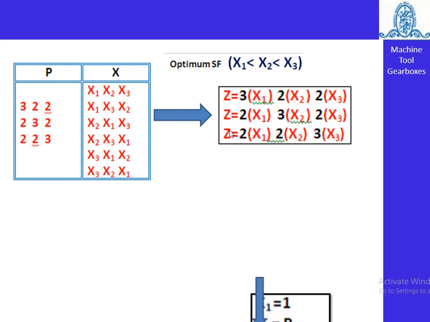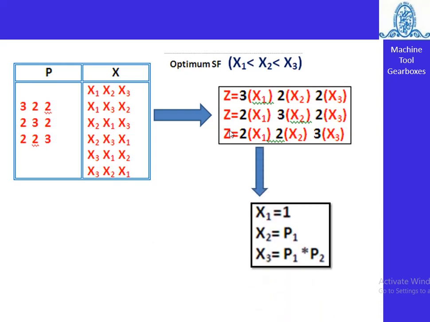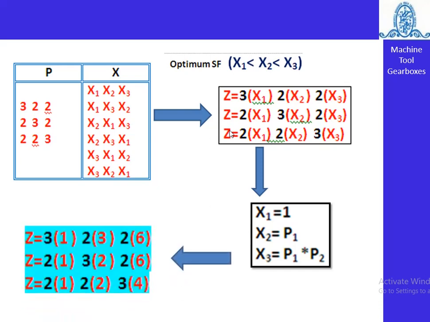So one by one we'll see that here x1 is 1, x2 is p1, and x3 is p1 into p2. So x should be in increasing order, then only we can say that it is the optimum structural formula. So here you can say z is equal to 3 of 1, 2 of 3, 2 of 6, and z is equal to 2 of 1, 3 of 2, and 2 of 6.